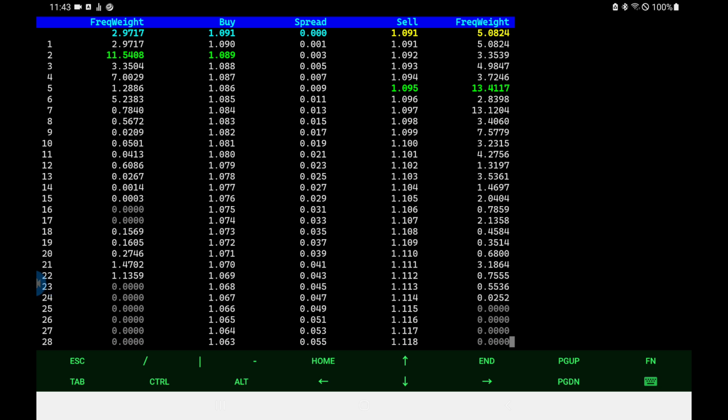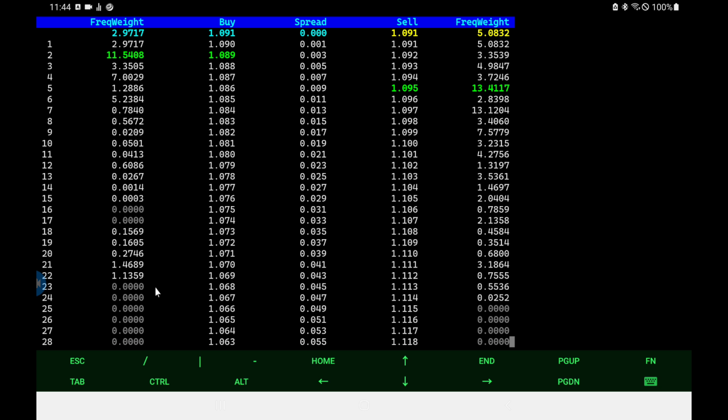The advantage that this represents is the higher price goes, the more probability it's going to correct downwards. Whereas the lower price goes, the more probability it's going to correct upwards.